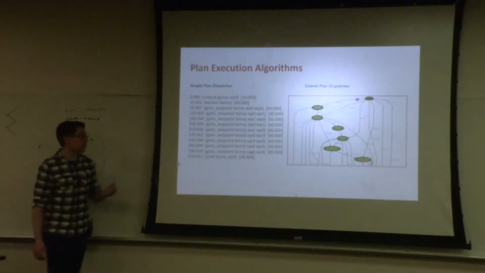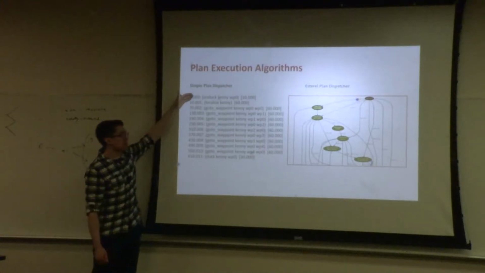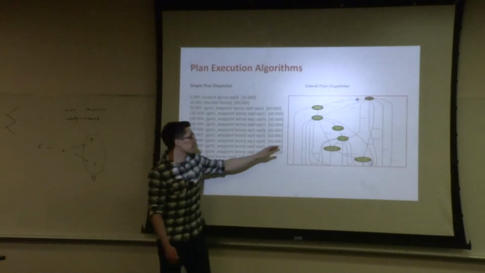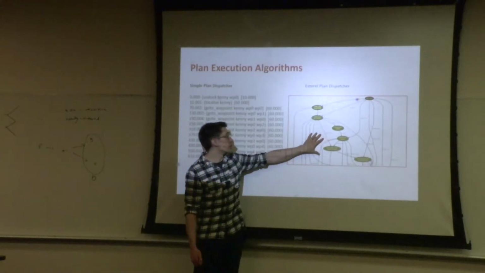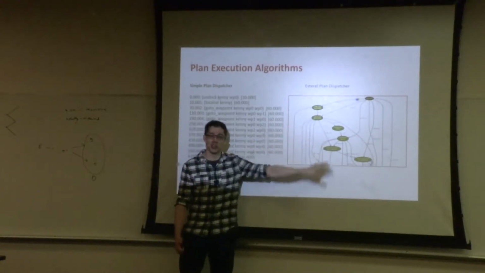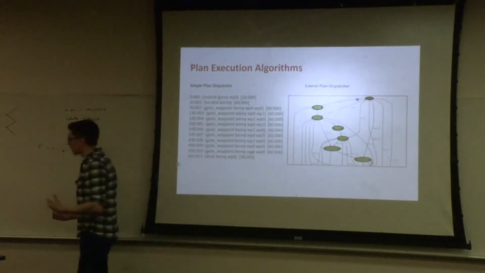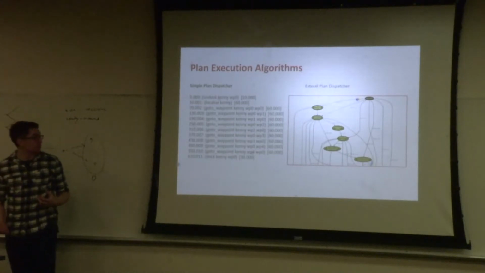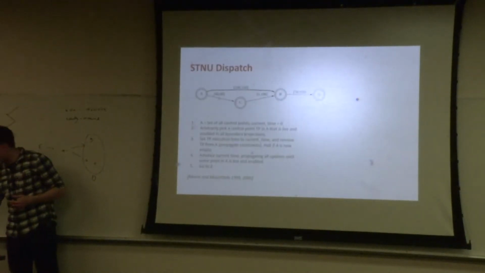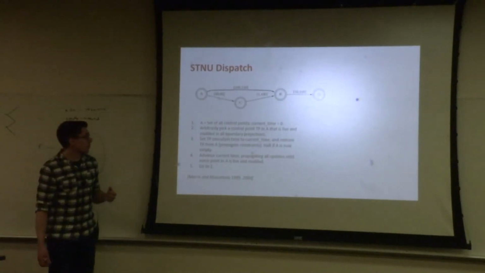So while the simple plan dispatcher simply has an array of actions, the STRL plan parser will first of all take this and construct the underlying STN that corresponds to that plan. And I'll show you an example of that in a moment.